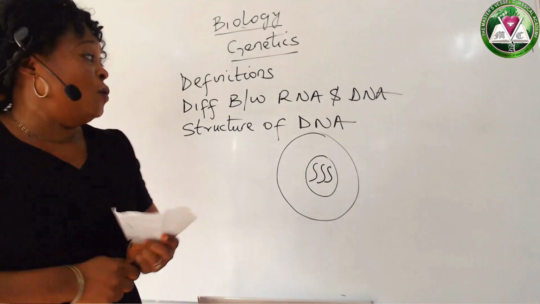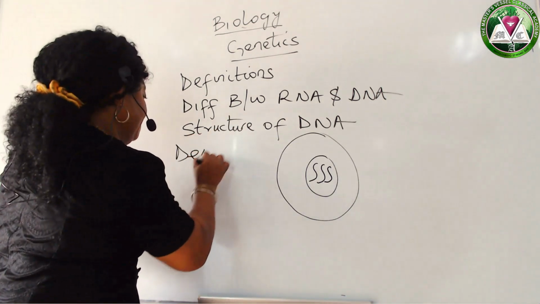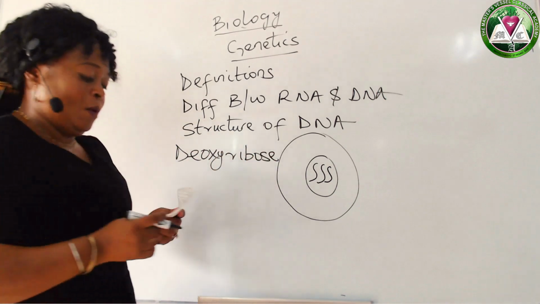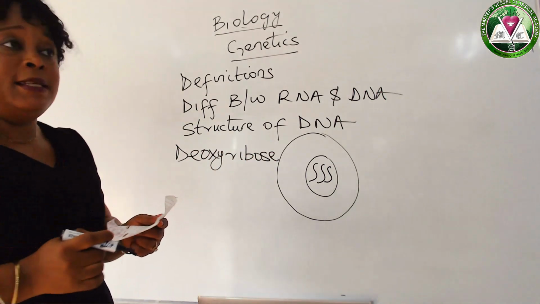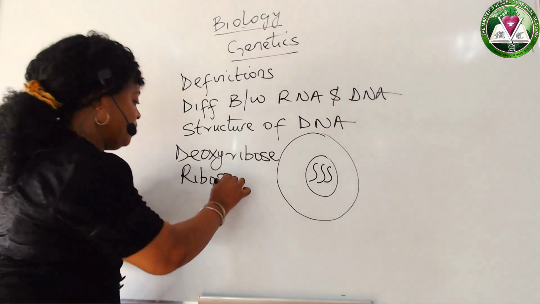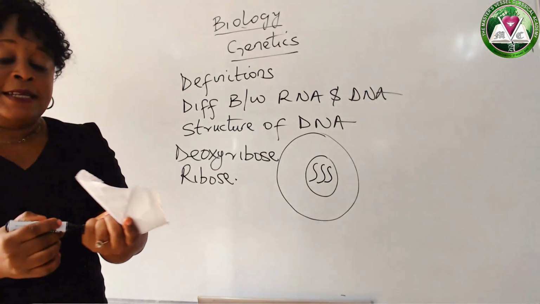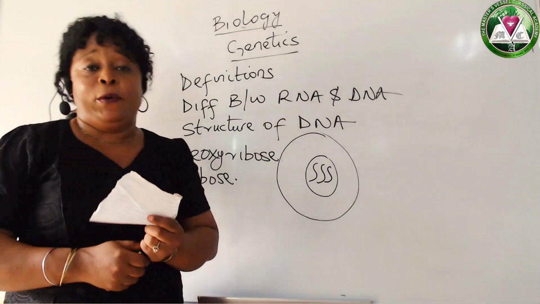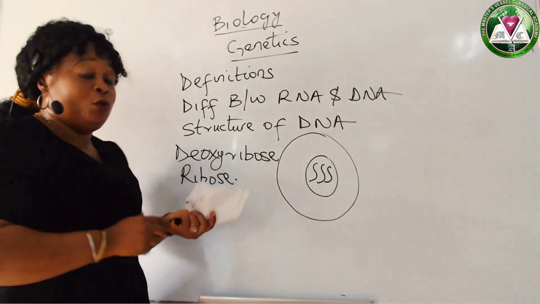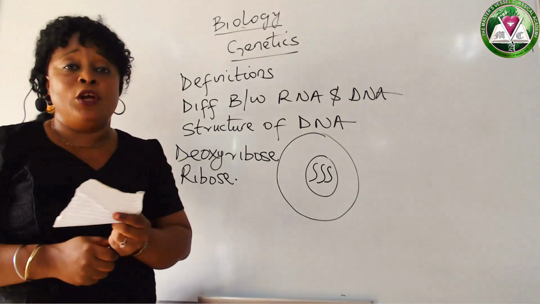The DNA is called the deoxyribose. Okay? While the RNA is the ribose. Now, the DNA is a double molecule of sugar, while the RNA is a single molecule of sugar.